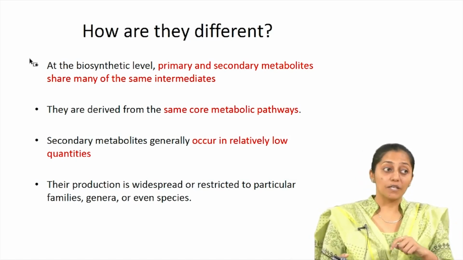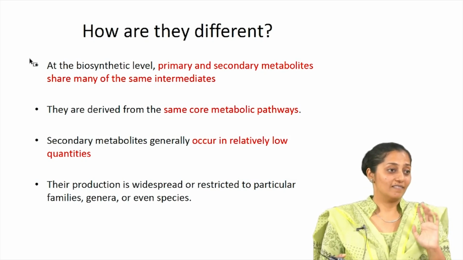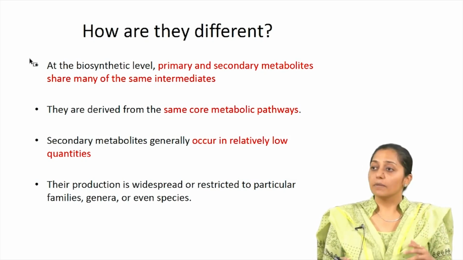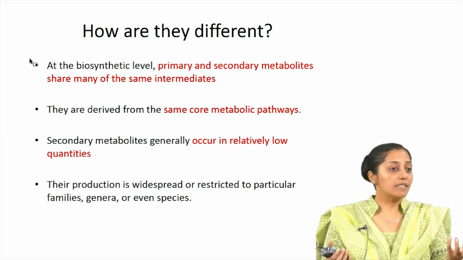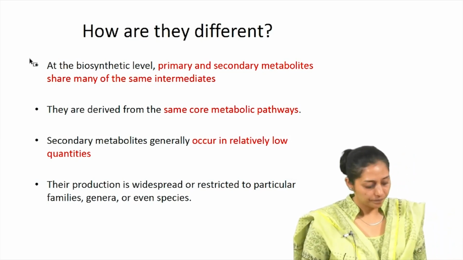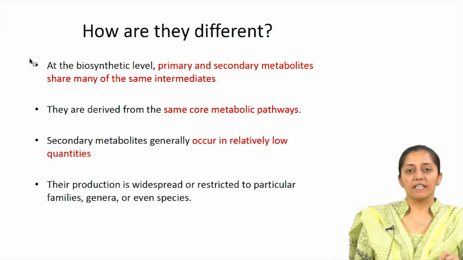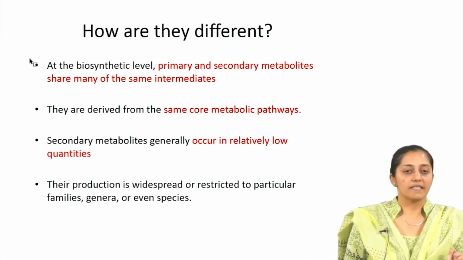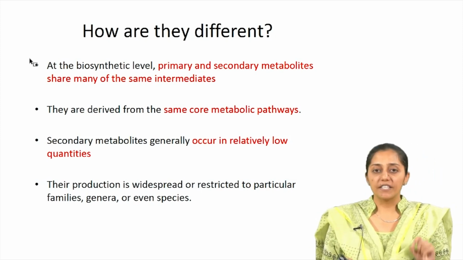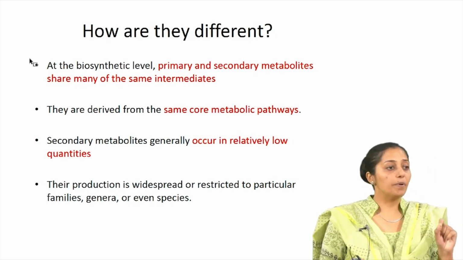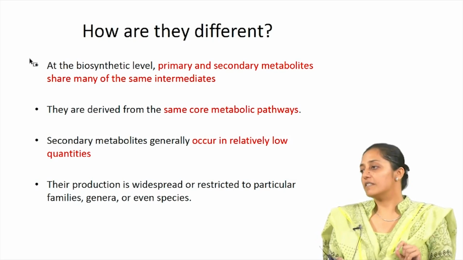So, for every such metabolite there will be a carbon flux required. So, there is a wide array. So, the cell would like to judiciously use and prioritize. So, secondary metabolites generally occur in relatively low quantities, I said. Then their production is widespread or restricted to particular families, genera and even species.